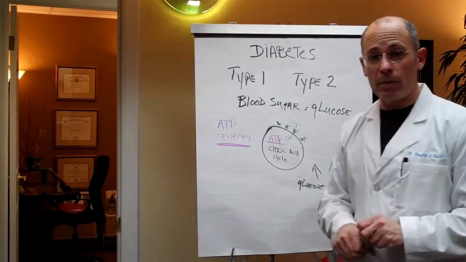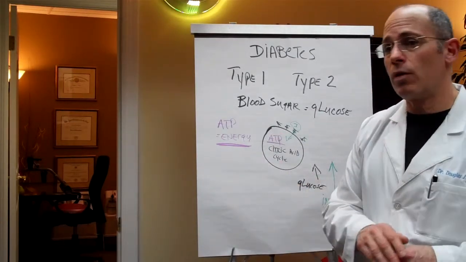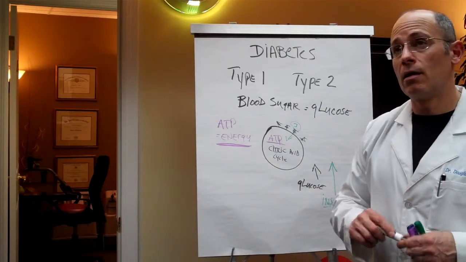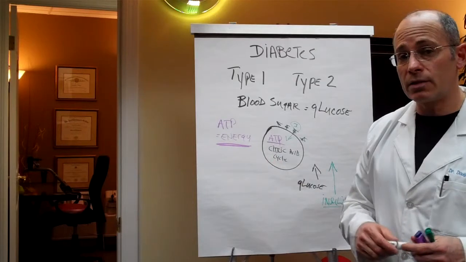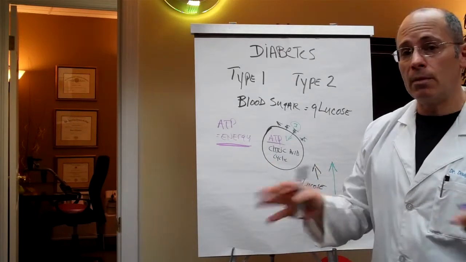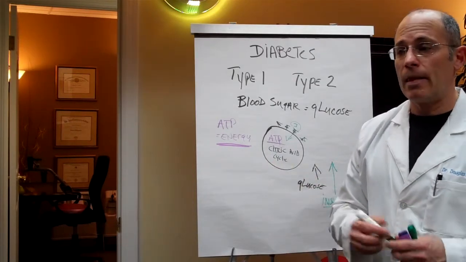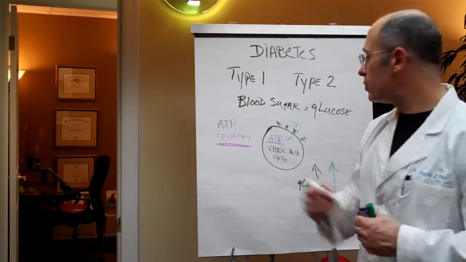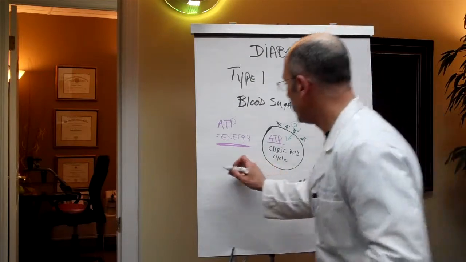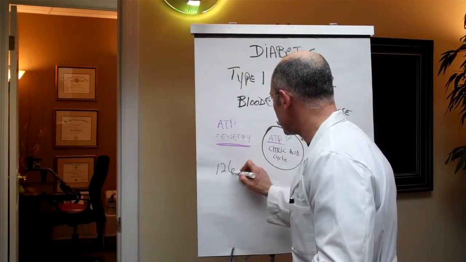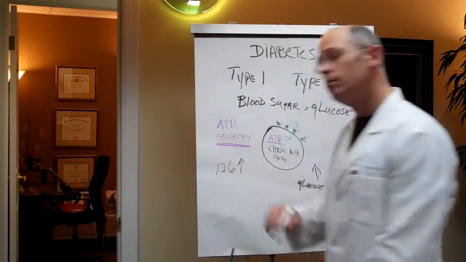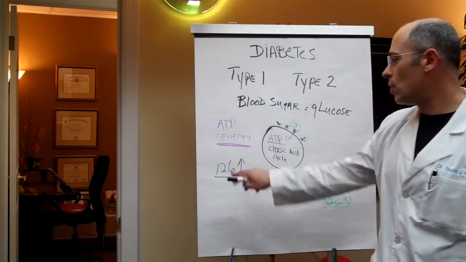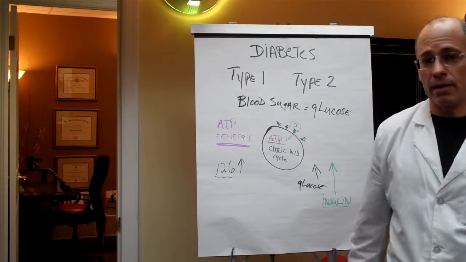So, when you get your blood test back, let's talk about the numbers. According to the American Diabetic Association, when you do a fasting blood glucose test, meaning that you should go a minimum of 9 hours without food, when we take the blood sample, if your blood glucose is 126 or above, that number is the cutoff number according to the American Diabetic Association. 126 or higher, you're diabetic.